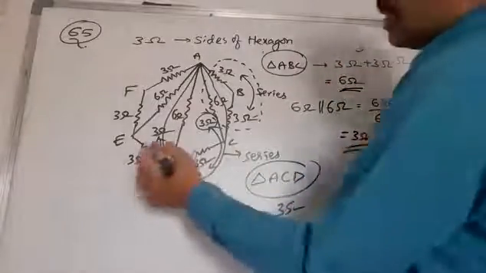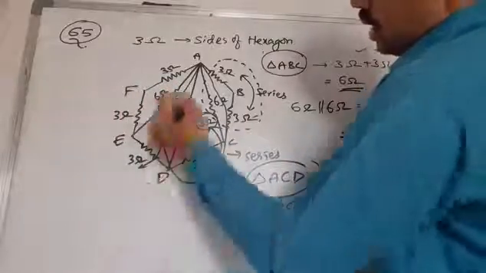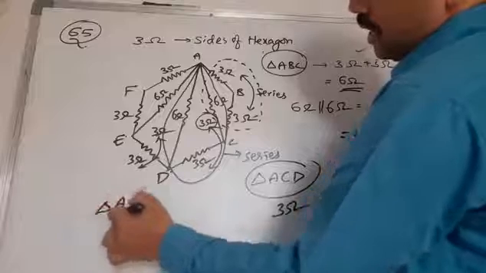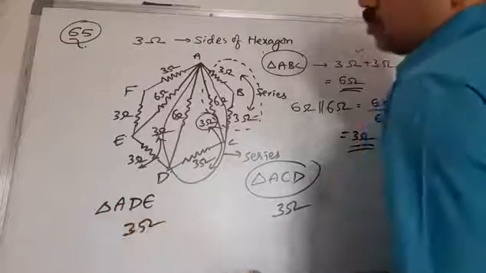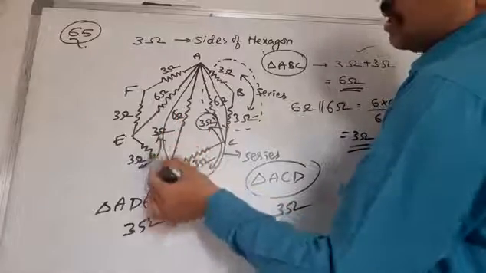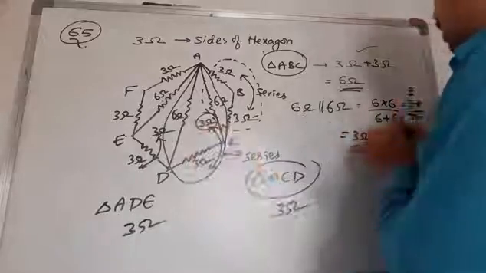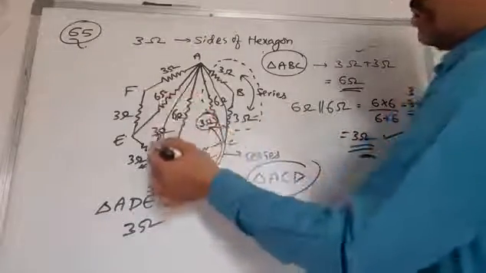This 6 ohms is parallel with the 6 ohms. So in triangle ADE, again you will get 3 ohms, because 3 plus 3 is 6, 6 is parallel with 6, 6 into 6 by 6 plus 6. Again you will get 3 ohms.